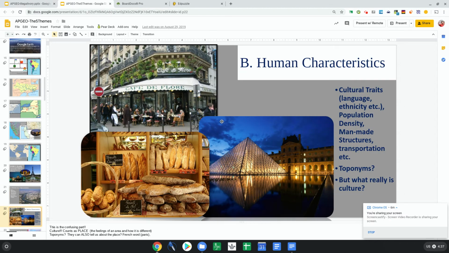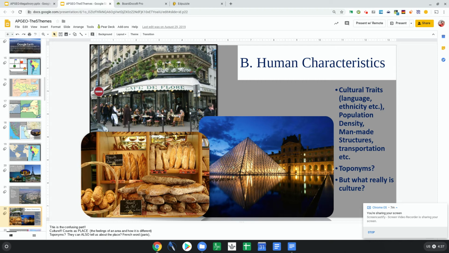The easier one, I think, is human characteristics. This is what we call culture, but cultural traits can give us a sense of place: how the people act, what they eat, how they talk. When you go to New York, you bump into someone and they say, "Hey, get out of my way, you punk." But if you're in France, they might smoke their cigarette and say, "Oh, I apologize." The way people act is different depending on where they are, and that makes it feel different, right?